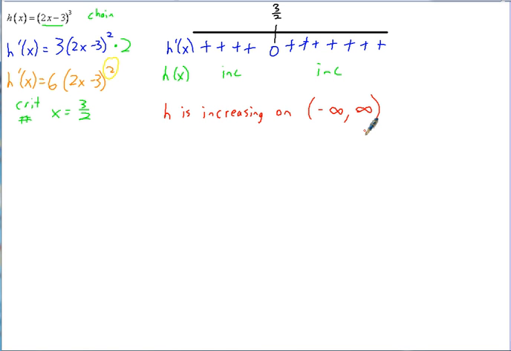And this is a special type of function. When a function is always increasing or always decreasing, it has a special name. It's called strictly monotonic. So this is an example of a strictly monotonic function, one that is always increasing, like this one is, or could be always decreasing.